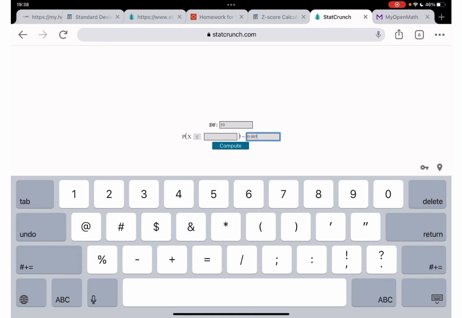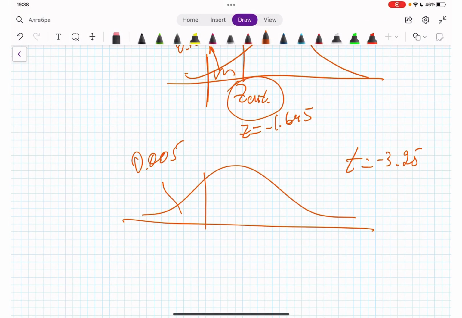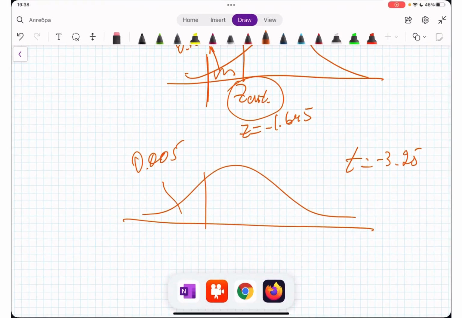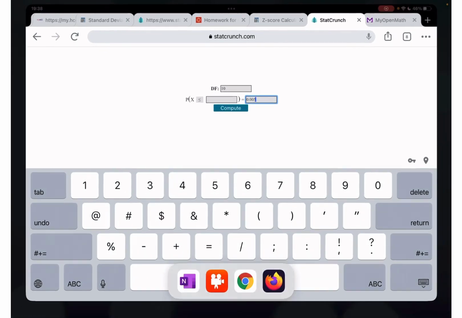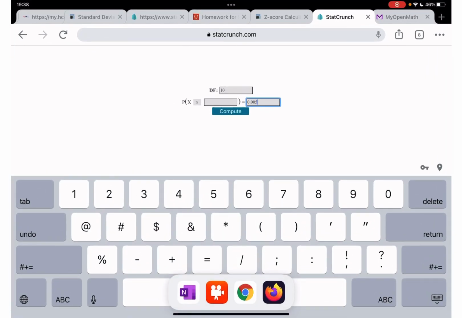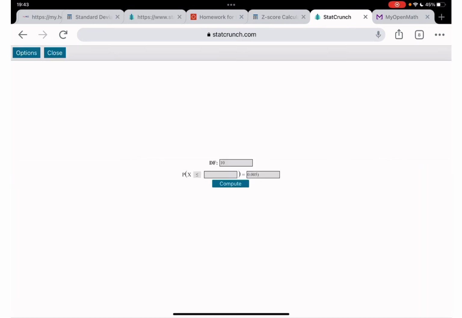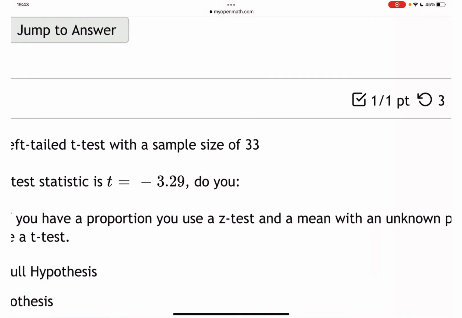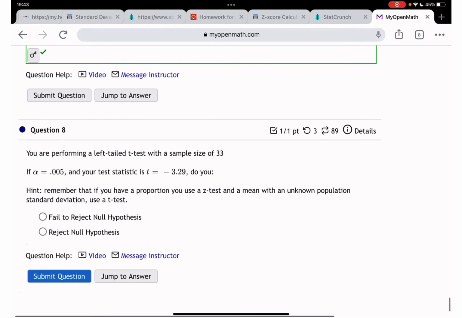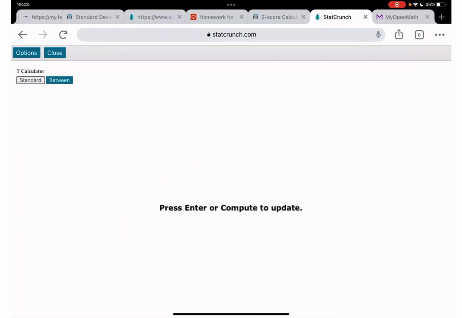I will check it. What else did we have there? Degrees of freedom. It doesn't give us degrees of freedom, but it should be in the word problem. Let's check it. Oh yeah, here it is, sample size of 33. Which means degrees of freedom will be 32.